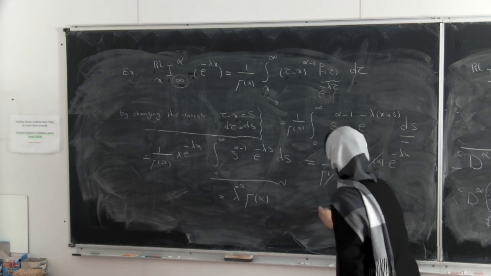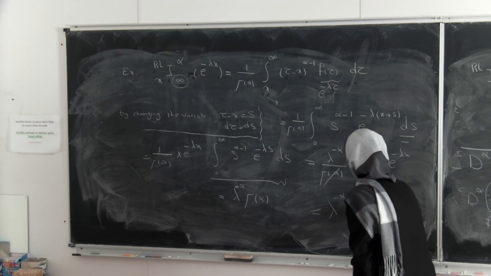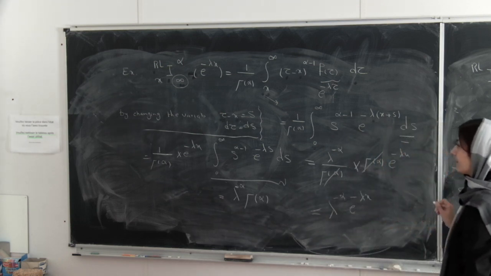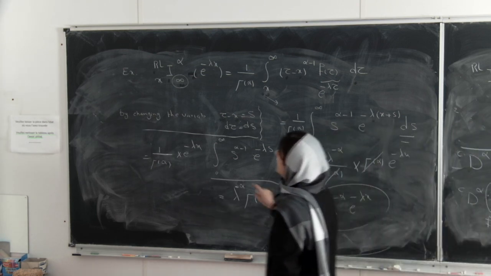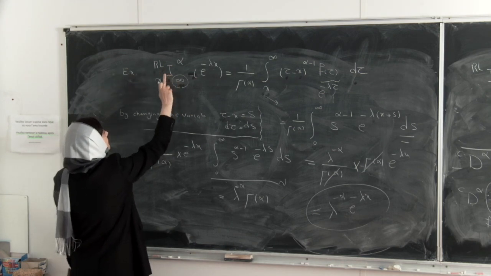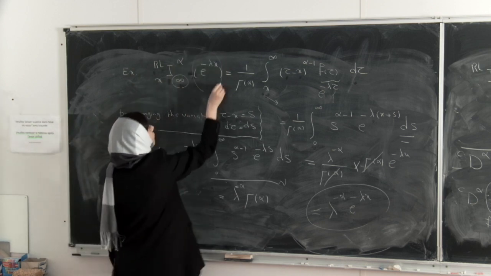We can omit this and we have lambda to the minus alpha e to the minus lambda x. And we find the right-sided Riemann-Liouville fractional integral of order alpha of this function.